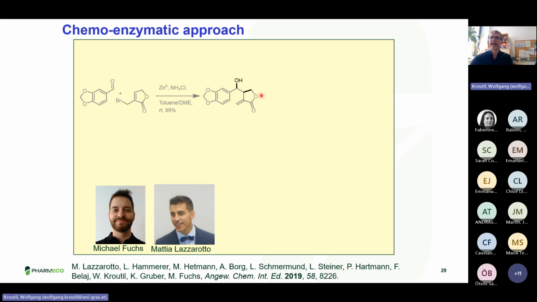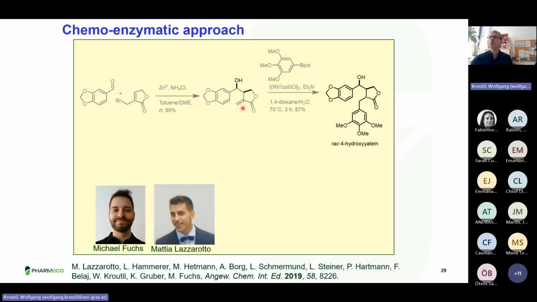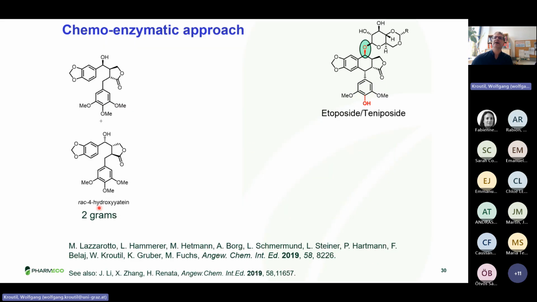Coupling those 2, getting here selectively this the diastereomer, of course in racemic form, and then coupling here this 3-methoxyphenyldoate, having this hydroxyyatein right away there.